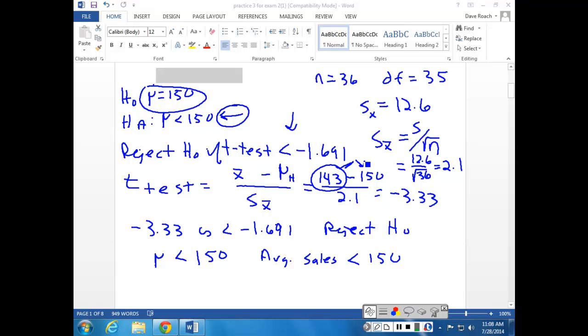Make sure you enter the standard deviation for the x's, not the x bars. So enter the 12.6 for the standard deviation of the x's. The sample size was 36. We had less than. We calculate that, and first of all, you can see that our calculation of the t-test was correct. But you can also see that the p-value is 0.001.